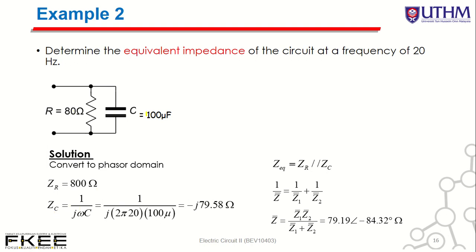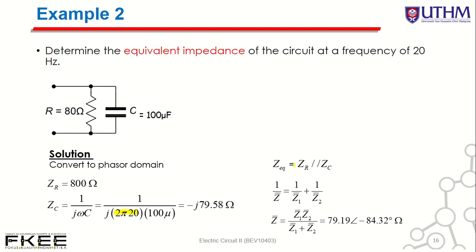ZC, how to determine ZC? Given C equal to 100 microfarad, your ZC equals 1 over J omega C. Frequency is given, omega equals 2 pi f, and you get ZC. So Z equivalent equals R in parallel with ZC.